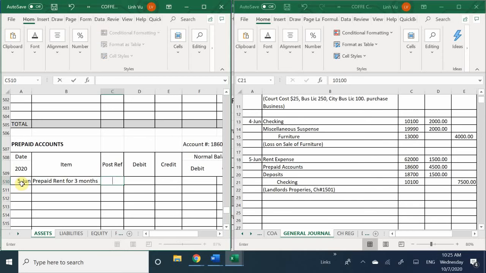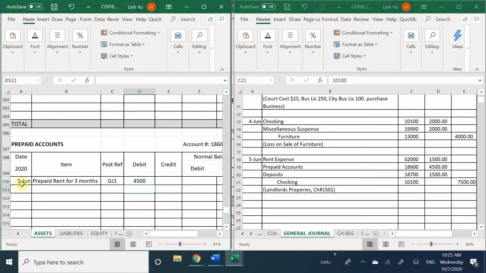It's for 3 months. General journal number 1 for the amount, because this is considered an intangible asset, right? This is invisible money, because you traded it off to receive a contract saying that landlord property owes you this service. And the asset you have is the paper contract, right?